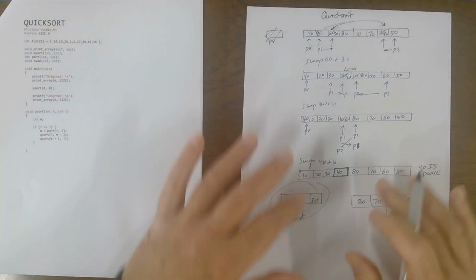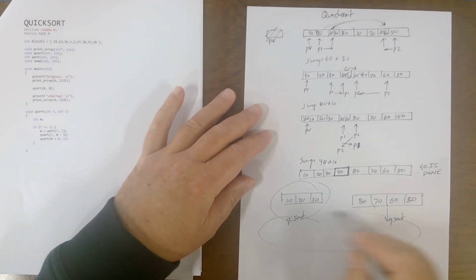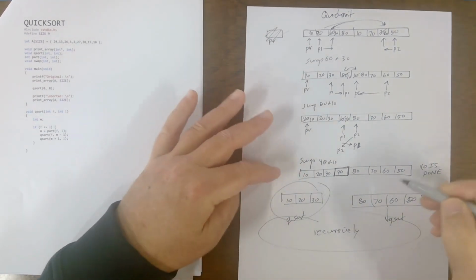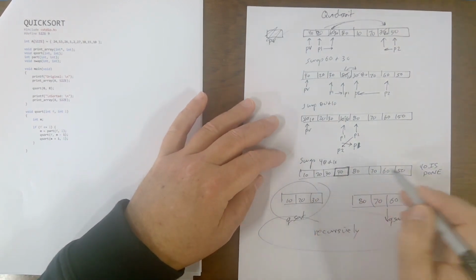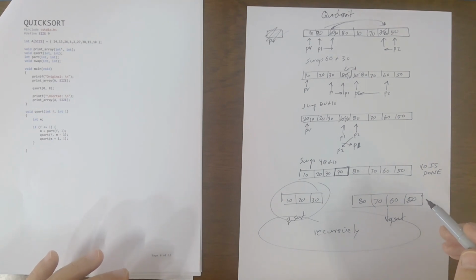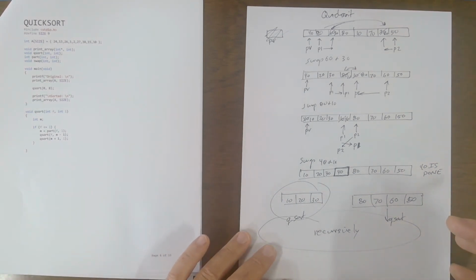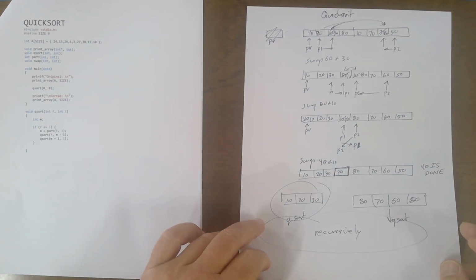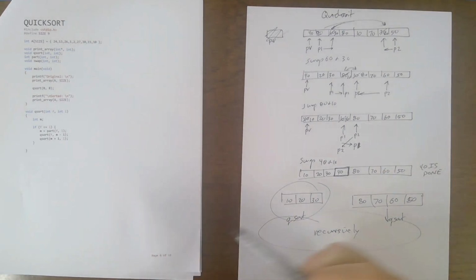All right, and then when they come back, this is all going to happen recursively. And when it comes back, these guys on either side of 40 will be done. So that's a partition.